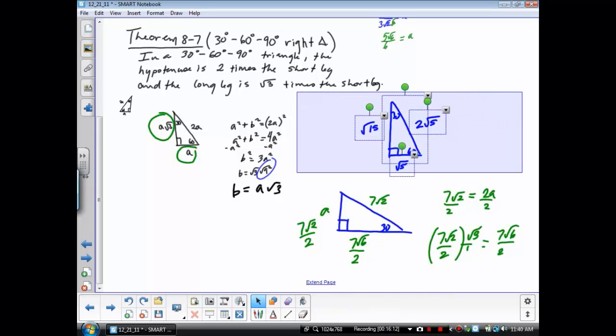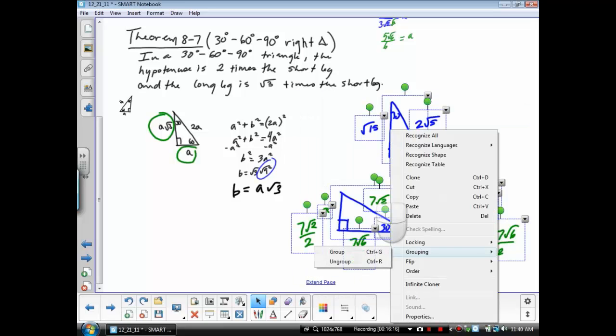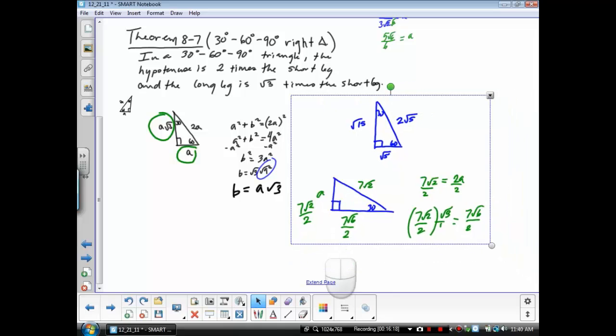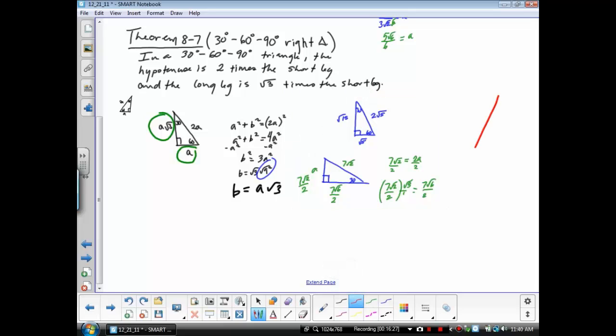One more example, maybe two, depending on if I think of another level of difficulty. So here I have a 30, 60, 90 triangle, and I'll change its order again. We're going to make it face this direction. Opposite the short leg is your 30-degree angle.